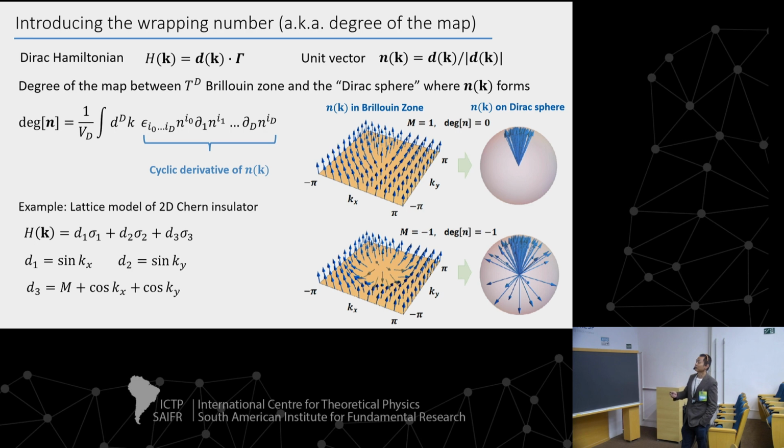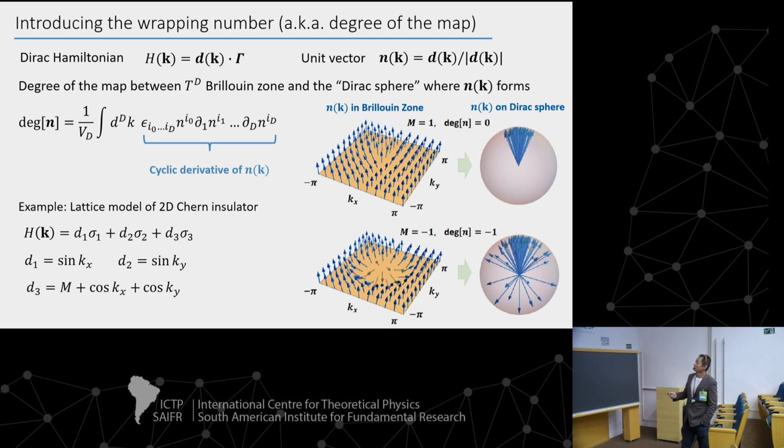Although here it is a square, remember that it's periodic in both directions, so it's actually a torus. As you can see, most of them are just pointing to the North Pole, so it means that your Brillouin zone does not even map around the sphere once. So the wrapping number is 0, or the degree of the map is 0.